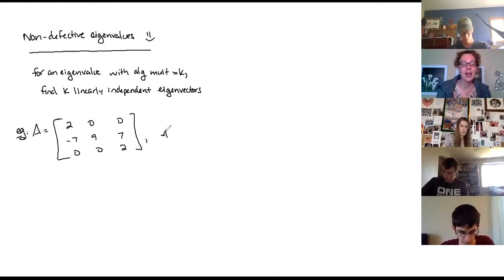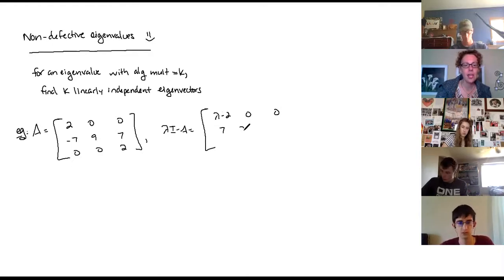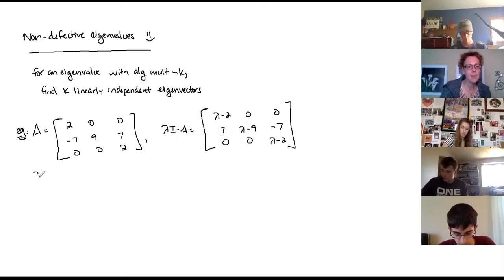And then lambda I minus A, because I'm going to need that when I plug stuff in, was lambda minus 2, 0, 0, 7, lambda minus 9, -7, 0, 0, lambda minus 2. And again, remember my eigenvalues were lambda equals 2, 2, and 9.